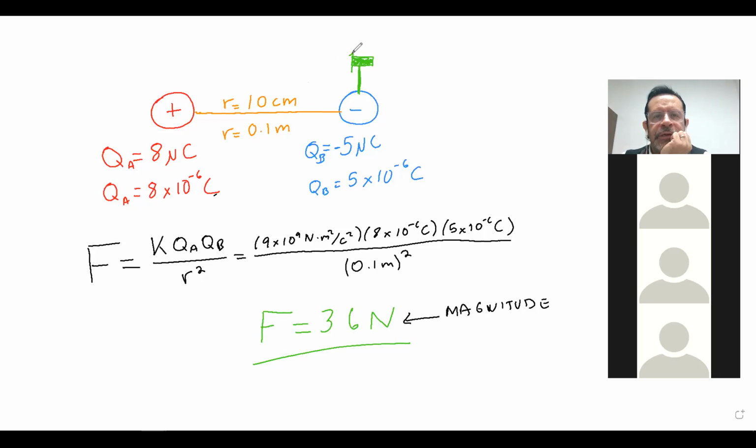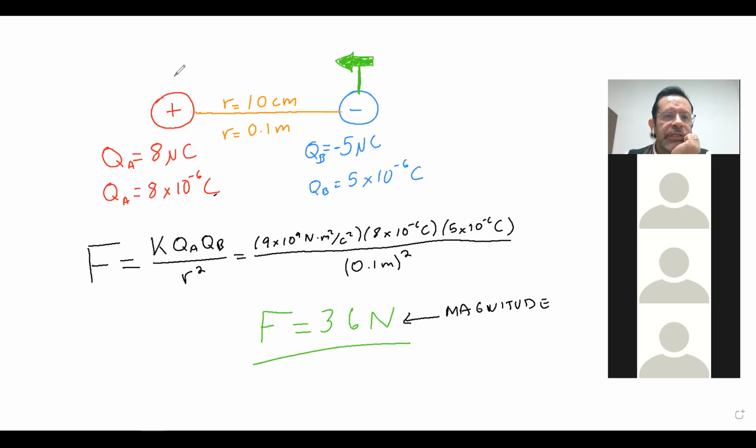It's left. So you're saying it would go like this. Is that correct? Yes. Good. Why would it be going that way? Because opposites attract. They're opposites and they're trying to get together.